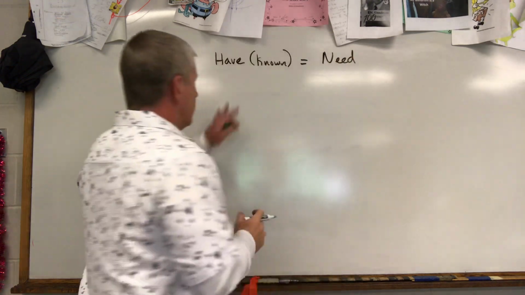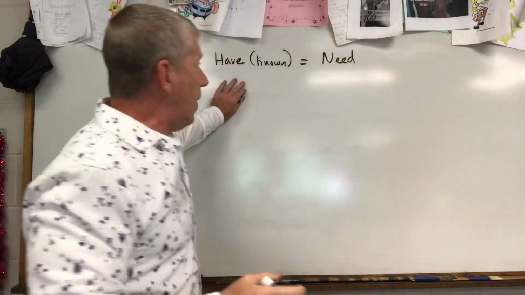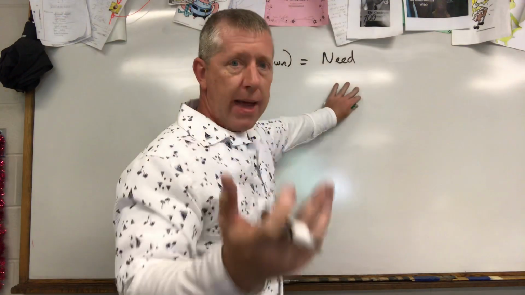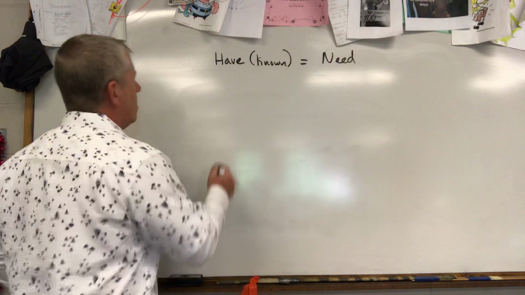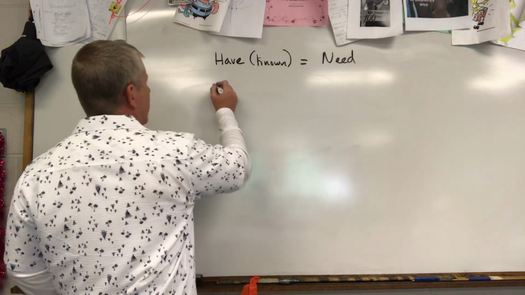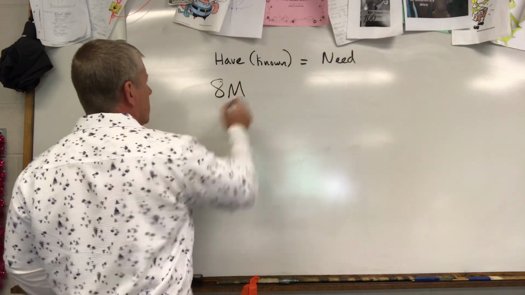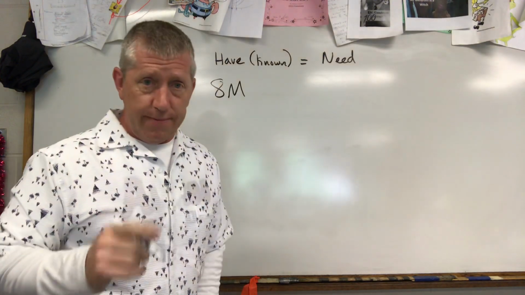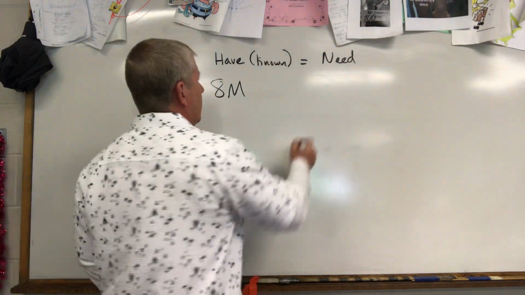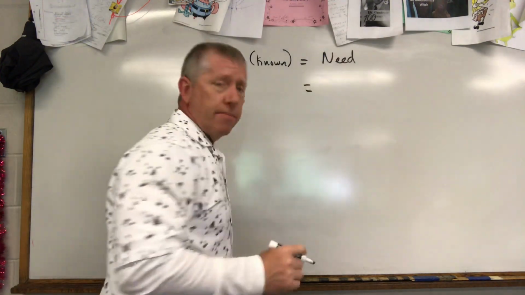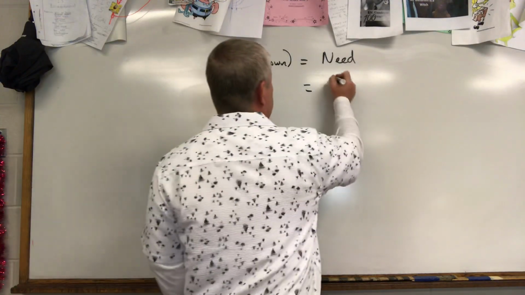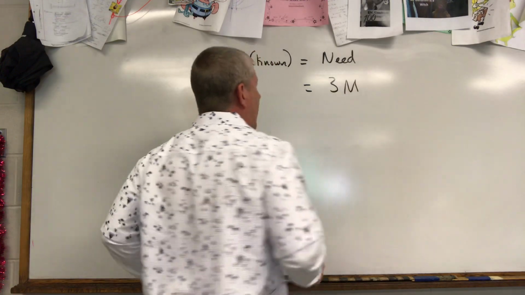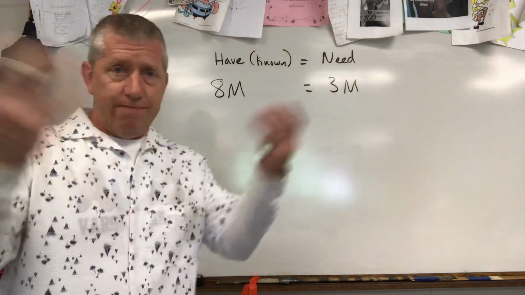Okay, this is what I have. This is my concentrated solution, and I need to make some diluted solution from the concentrated. Let's say I've got a chemical where I know the solution concentration is 8 molar. All right, you with me? 8 molar. Now, what I need is 3 molar. So I need a 3 molar solution of this solution.